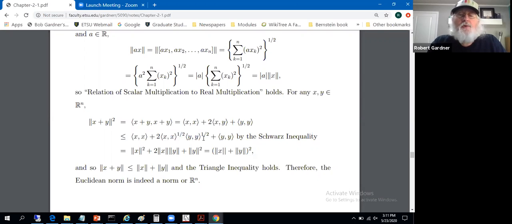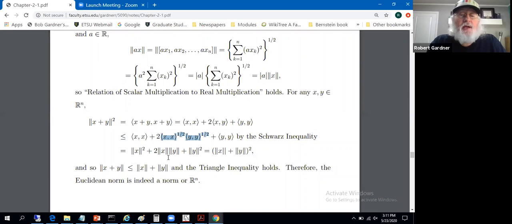Okay, so you're not bothered by the absence of an absolute value, are you? I mean, these are real numbers. So if we've got the absolute value of the inner product of x and y bounded by this quantity, then we've certainly got the inner product of x and y bounded by this.